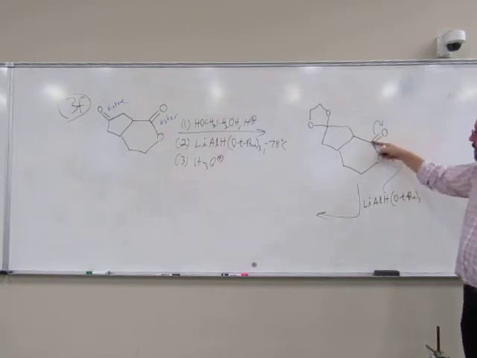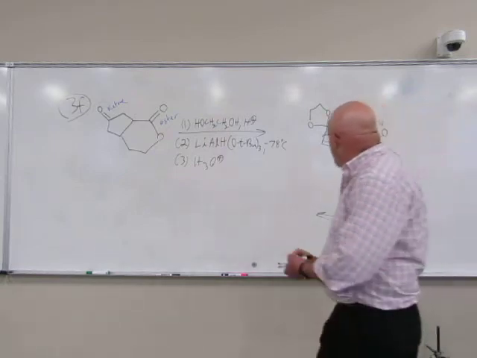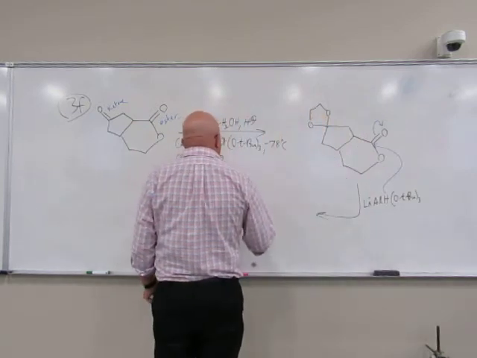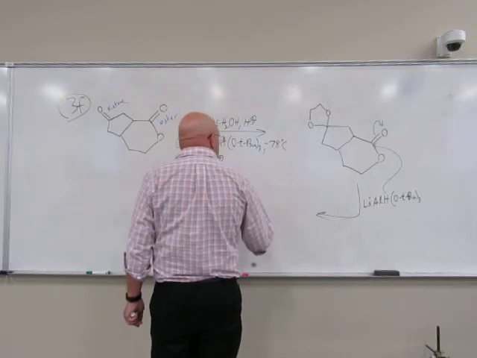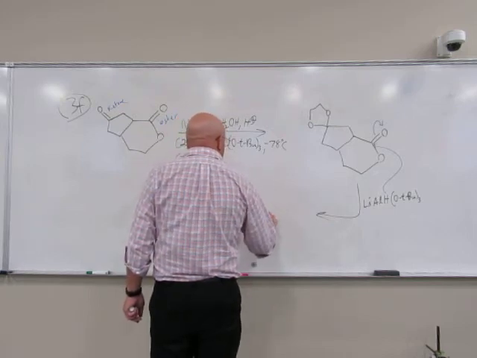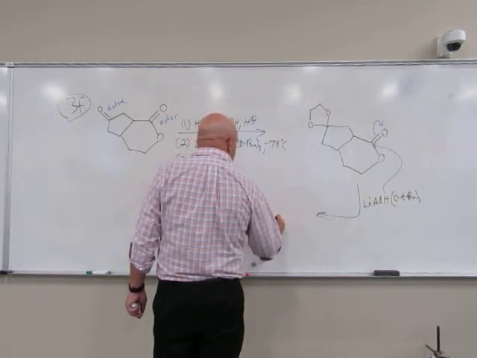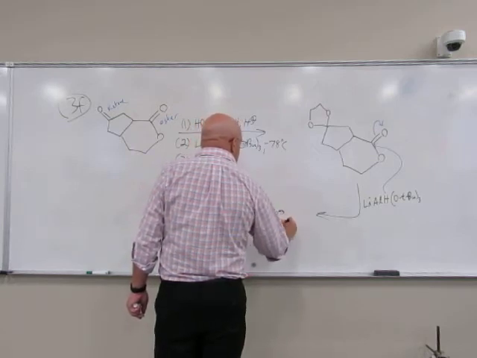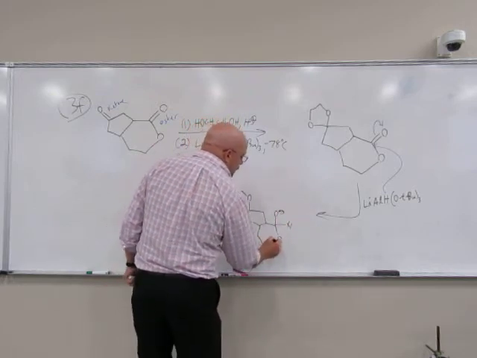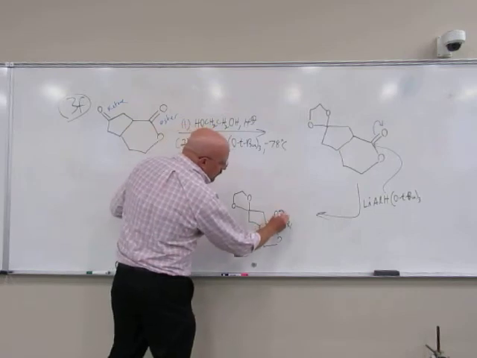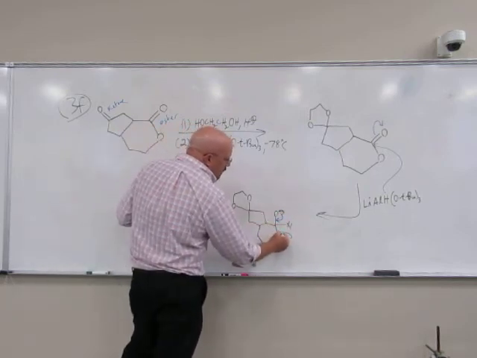So we transfer a hydride in, we kick the electrons up. Those electrons are going to kick back in and reform the carbonyl, and we'll kick the oxygen off. That's going to make the aldehyde.